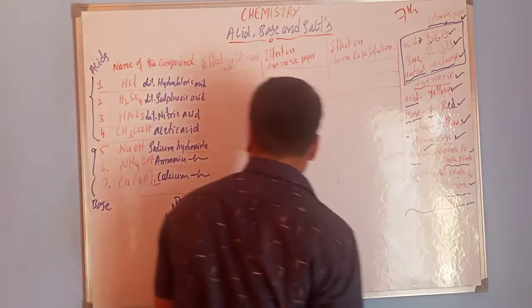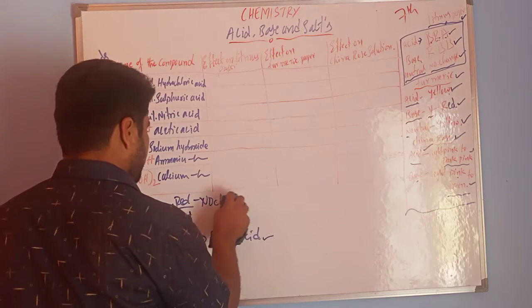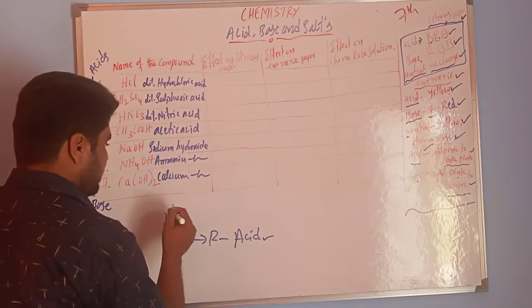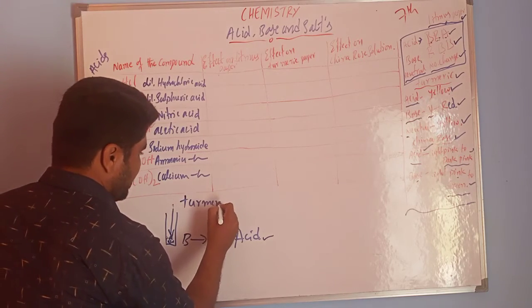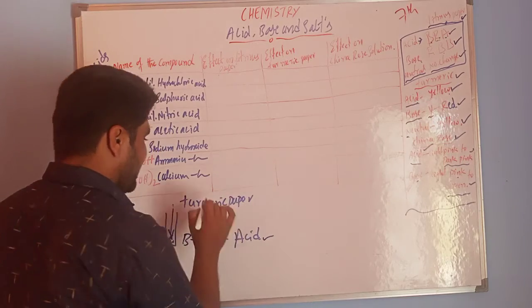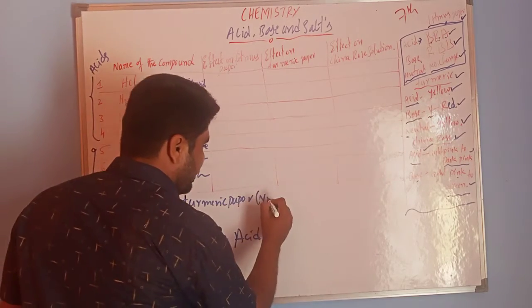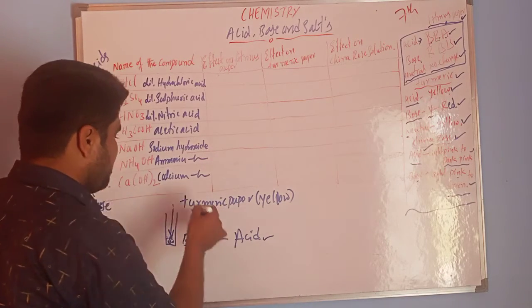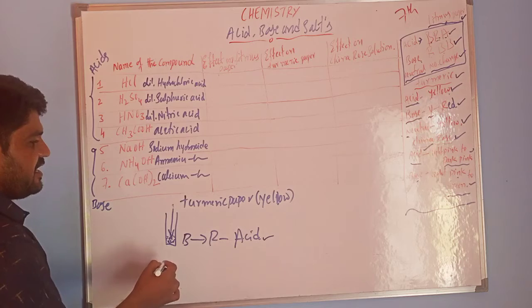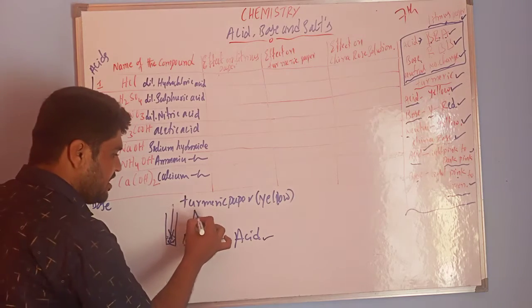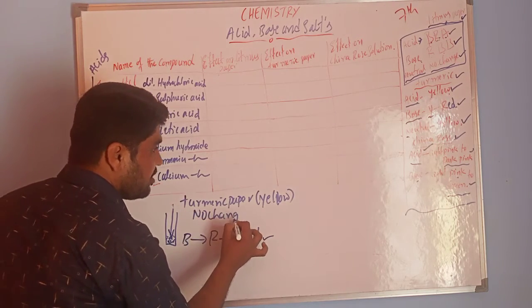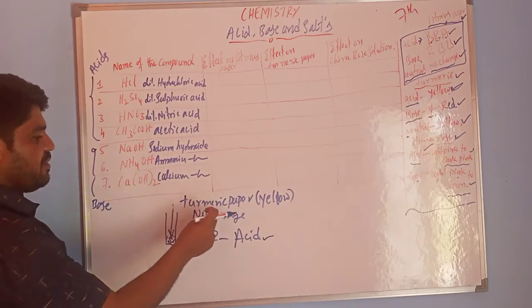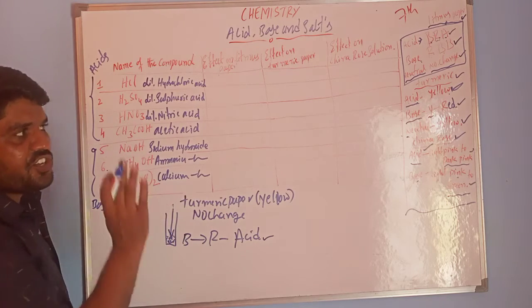Generally, turmeric paper is yellow in color. When this yellow turmeric paper is dipped in hydrochloric acid, is there any change? No change. It stays yellow. When turmeric paper is dipped in acidic solution, there is no change in color.